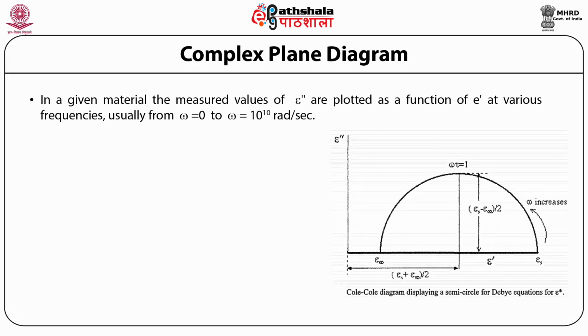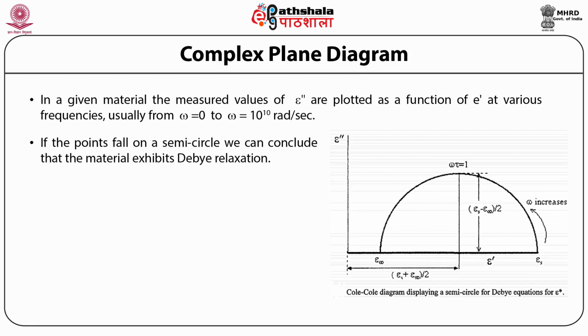In a given material, the measured values of epsilon double prime are plotted as a function of epsilon prime at various frequencies, usually from omega is equal to 0 to omega is equal to 10 to the power 10 radian per second. If the points fall on a semicircle, we can conclude that the material exhibits Debye relaxation.